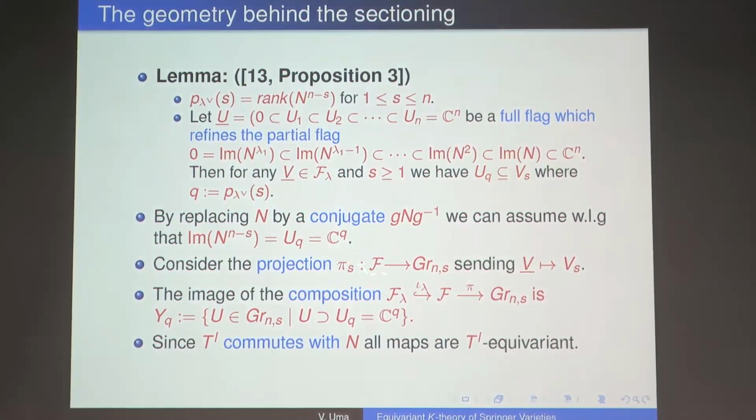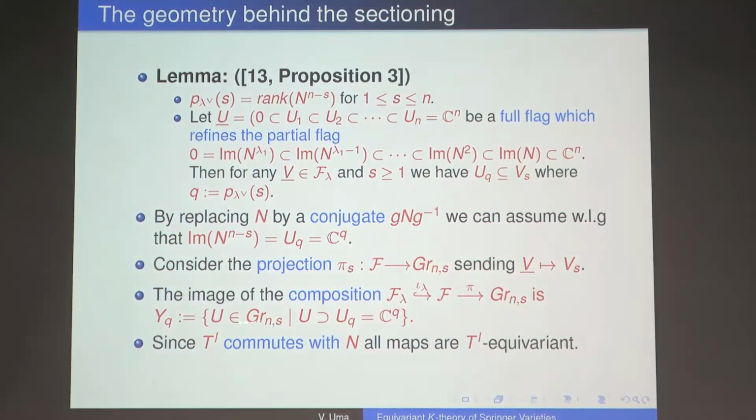Now this is the map which I said was considered in the earlier arguments. We again use the same technique. We take the full flag variety and map it to the s-dimensional subspace, so it goes to the Grassmannian of s-dimensional subspaces inside C^n. When we note what the image of the Springer variety inside the Grassmannian is, it is precisely given by those s-dimensional subspaces which contain U_q, which contain the C^q identified with U_q, because as you have seen, it always contains this.